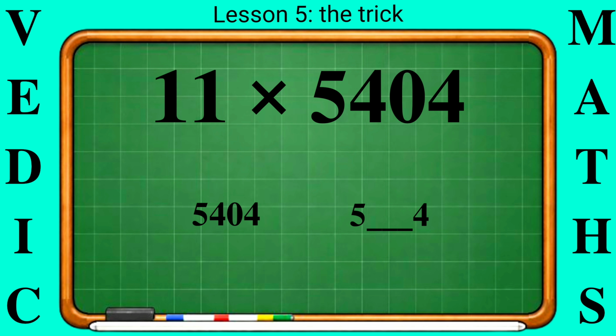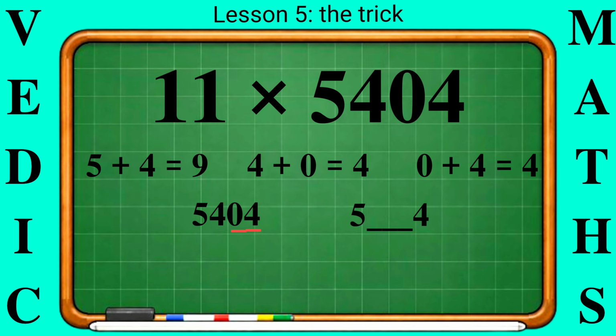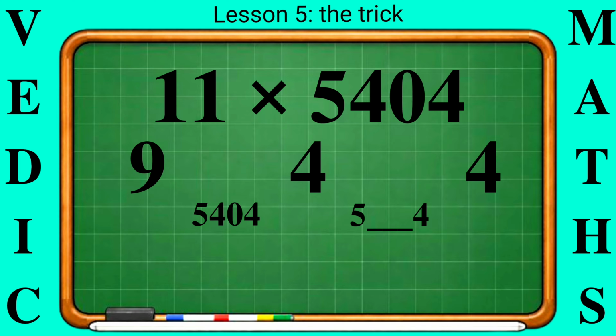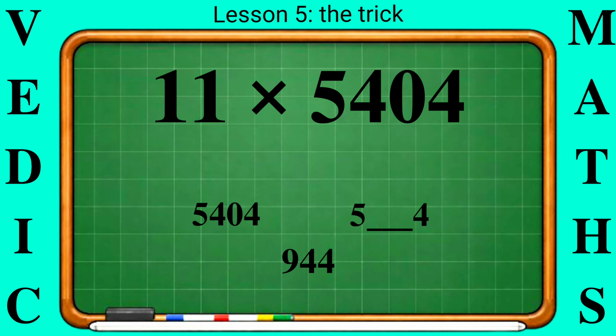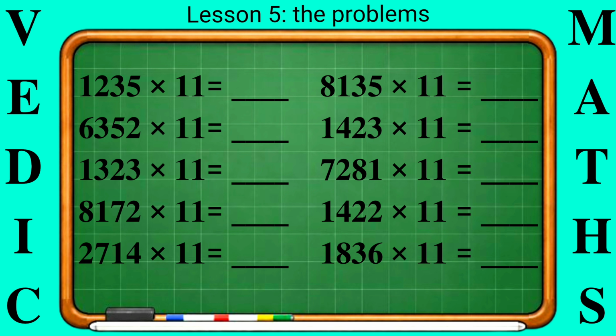Now we add the starting digit with the second digit, then the second digit with the third digit, and the third digit with the fourth digit, which is the last. After doing all that, we get these numbers. Now we put them in the middle. So done. It is 59,444.